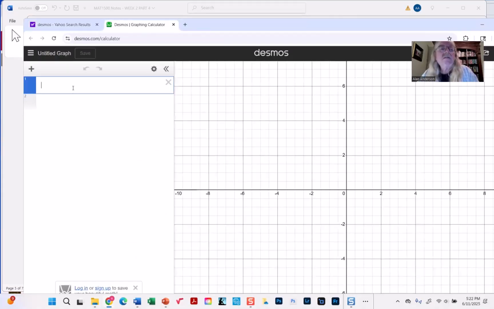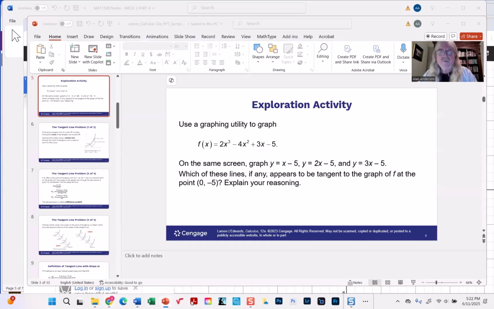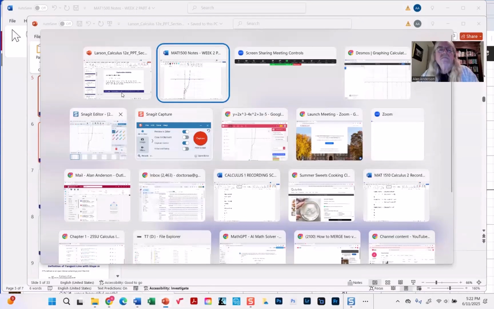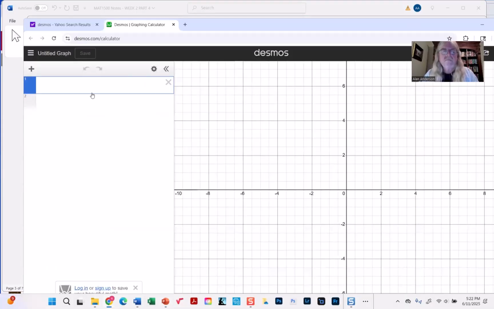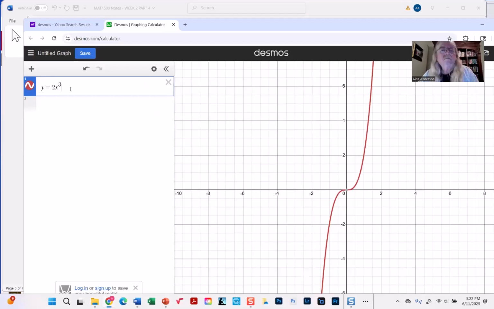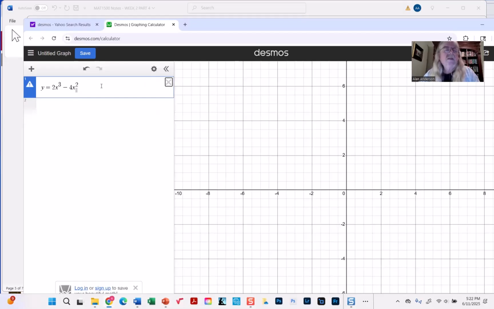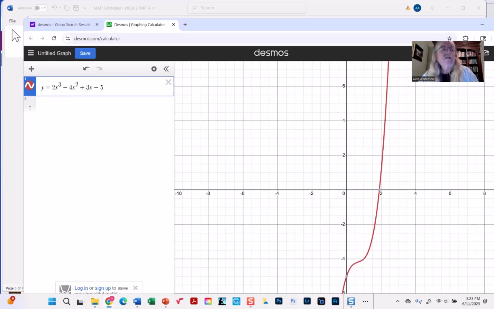So I'm going to try my idea that this function, 2x cubed minus 4x squared plus 3x minus 5, has a tangent at y equals 3x minus 5.